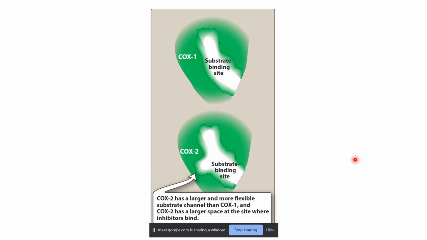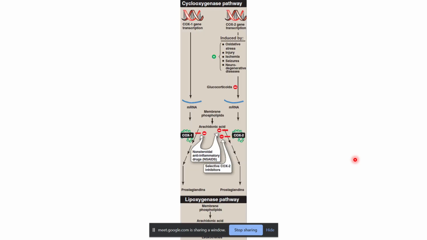So another pathway is a leukotriene synthesis. So like cyclooxygenase pathway will produce prostaglandins from the arachidonic acid that can be taken from the membrane phospholipids. And there are two types of the cyclooxygenase, cyclooxygenase 1 and cyclooxygenase 2.